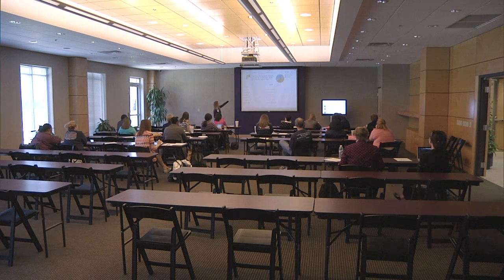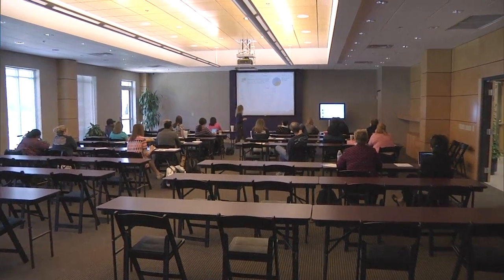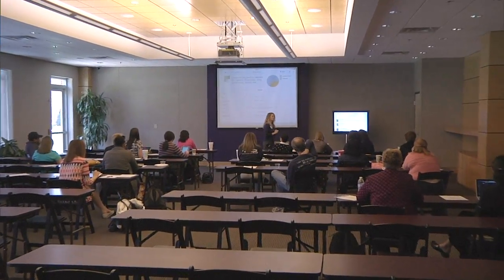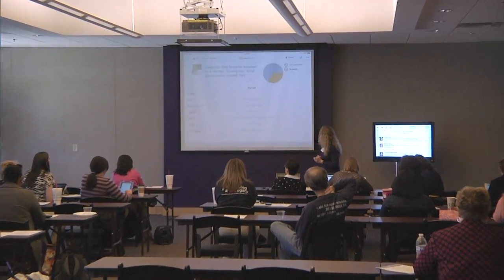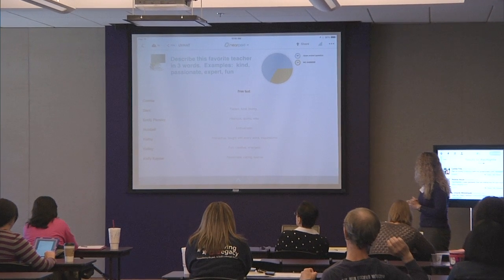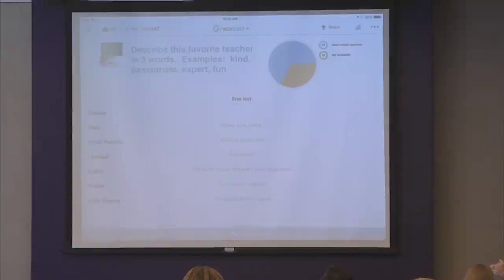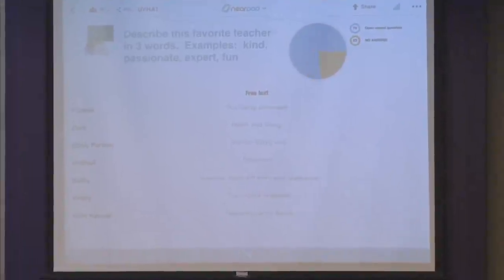So you can also see up in the top as the teacher, you can see what percentage of students have completed it, what percentage you're still waiting on. Can you scroll up and down for me just a little bit so we can see everybody? Yeah. Some good descriptive terms too.